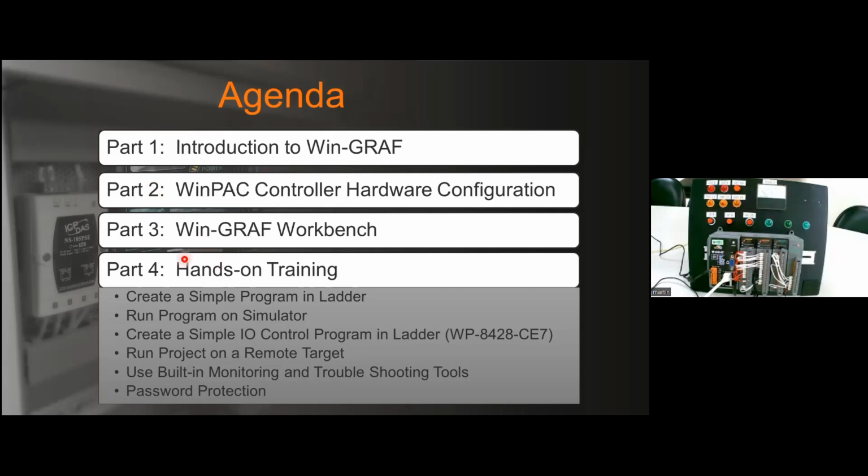And in the fourth part, it's our hands-on training, which shows you how to write a simple ladder diagram and run it in a virtual PLC, and shows you how to configure our ICPDAS WinPAC controller and its local IOs and control the IOs with a simple ladder logic. And last, we will show how to protect the PLC application on the WinPAC controller with a password so that it cannot be accessed by an unauthorized person.